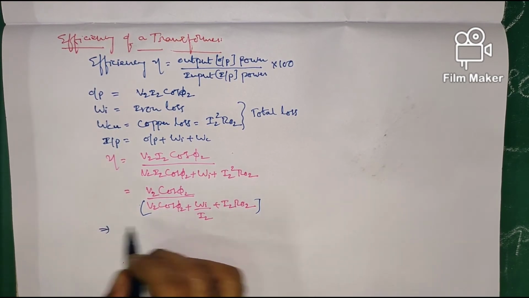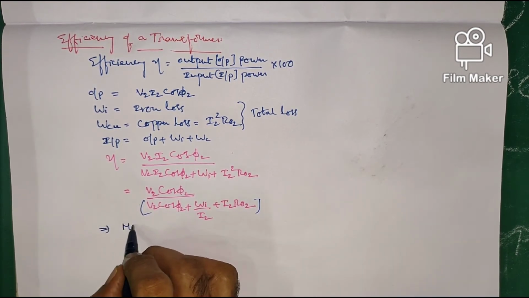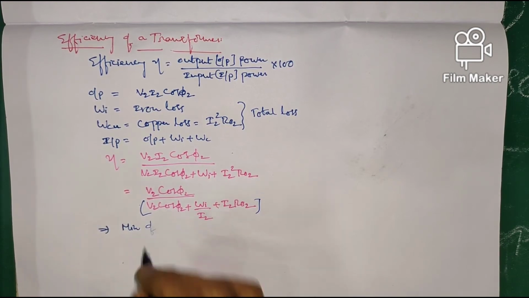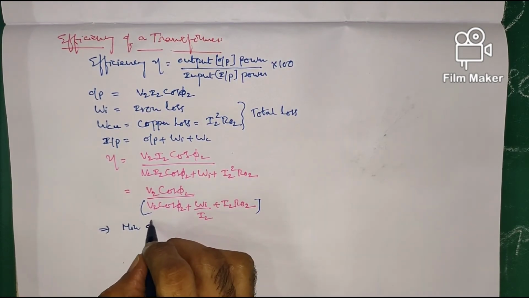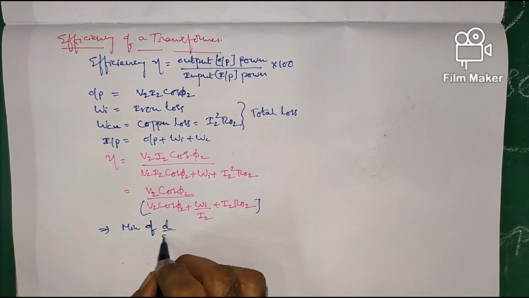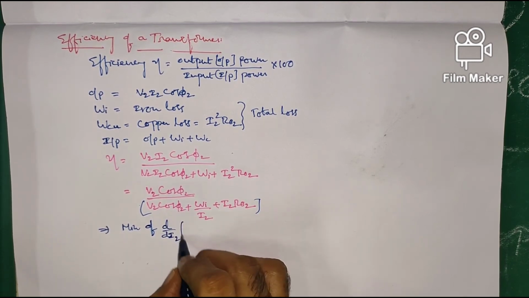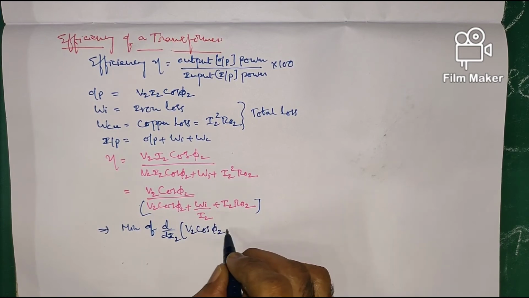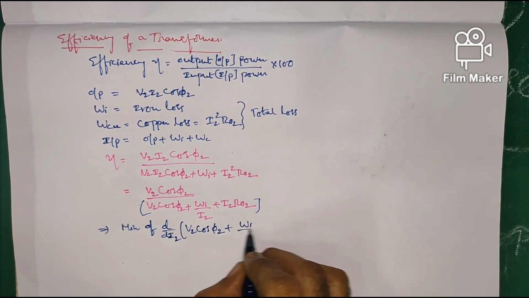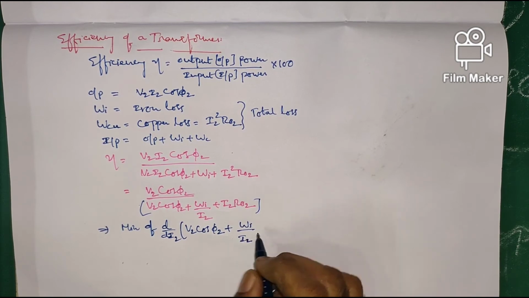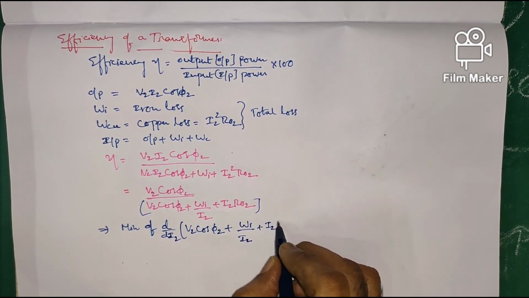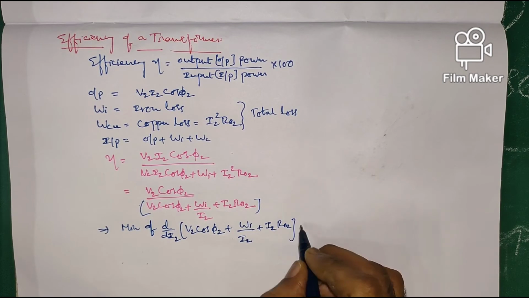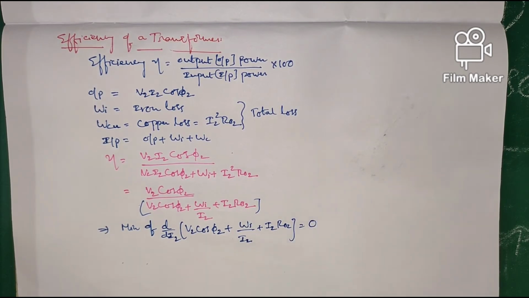That implies, in order to have the minimum of the denominator, d by dI2 of V2 cos phi 2 plus Wi by I2 plus I2 R02 will be equal to 0.